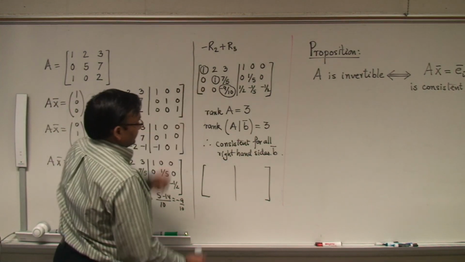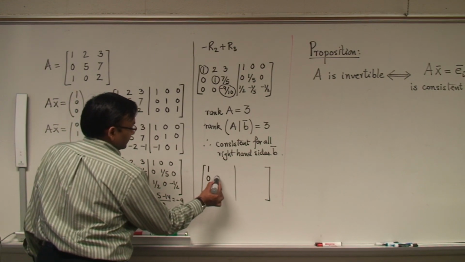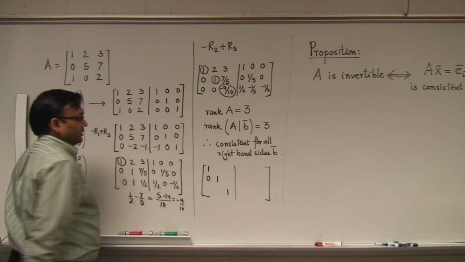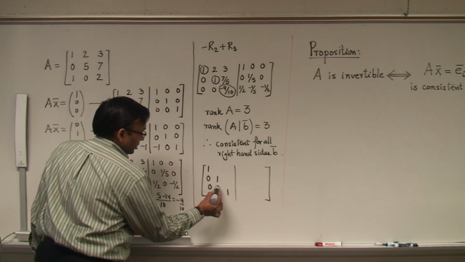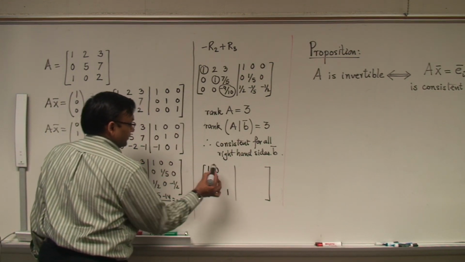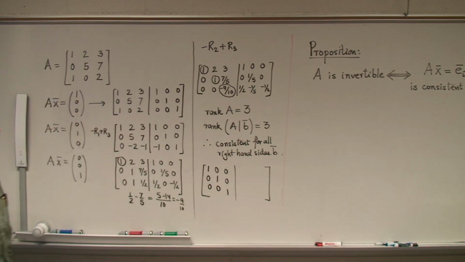It has 3 pivots. So in a row reduced echelon form, if it has 3 pivots, then it must be looking something like this. And since I'm talking about row reduced echelon form, all the entries in that particular column must be 0. Any pivot column will have only one non-zero entry, namely 1.